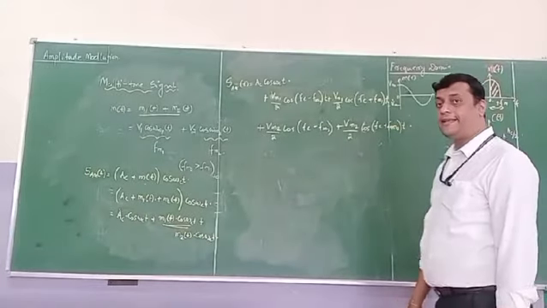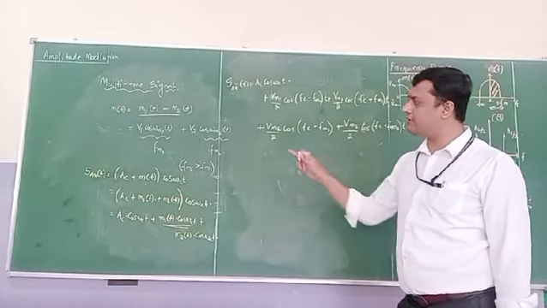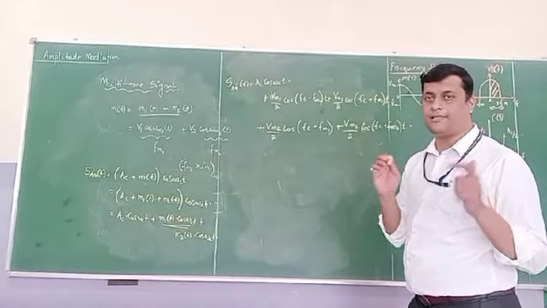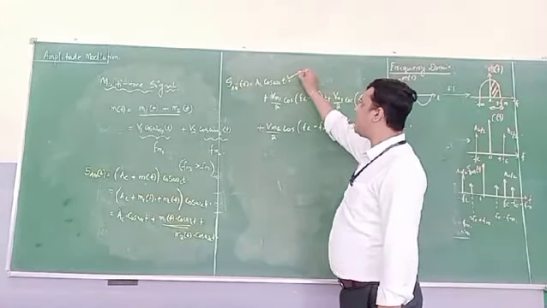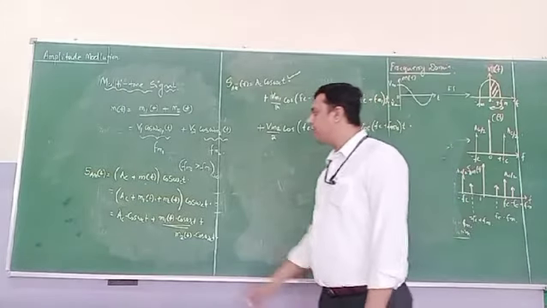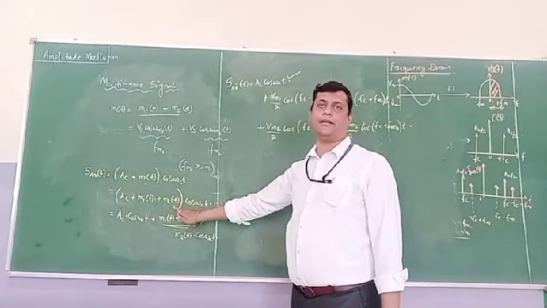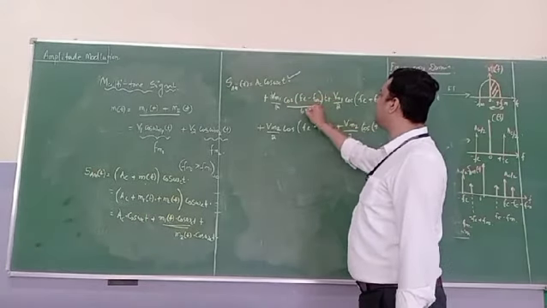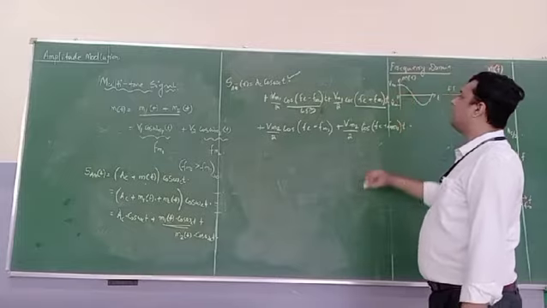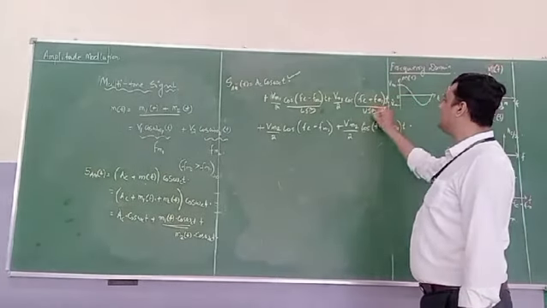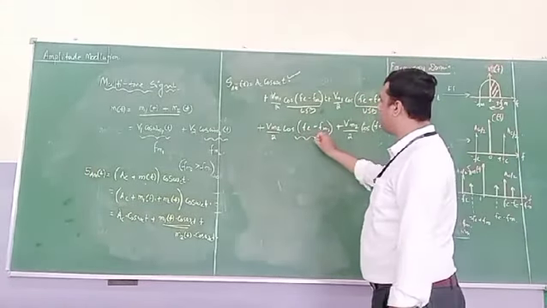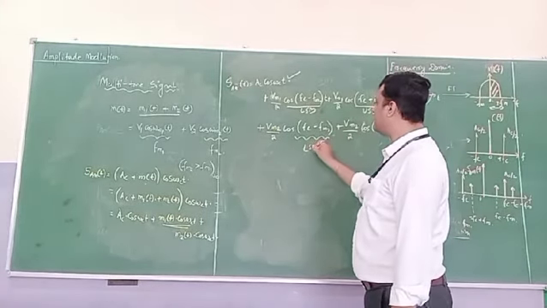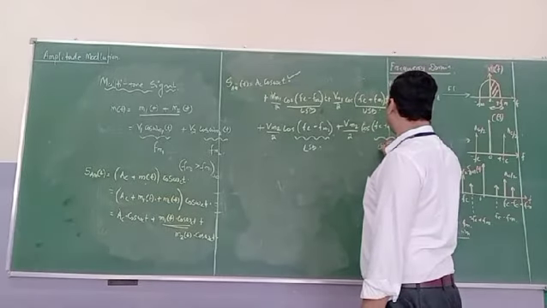So when it is multitone, that means more than one modulating signal is available, how many frequency components are available? First, the carrier, two sidebands for m1 of t and two sidebands for m2 of t. For m1 of t, this is the LSB and this is the USB. Similarly, for the second modulating signal, this is the lower sideband and this is the upper sideband.